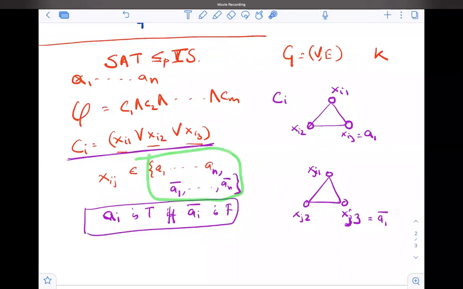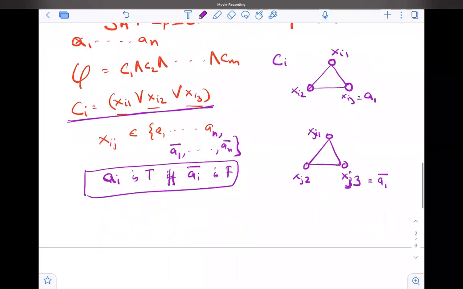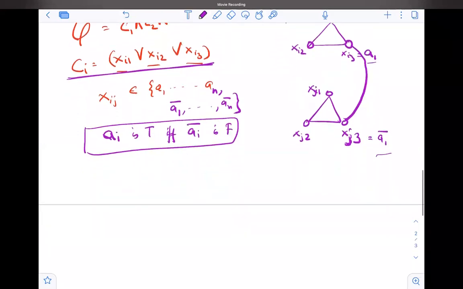So if you draw an edge between these two, then for any A1 and A1 complement, only one of them can be chosen.